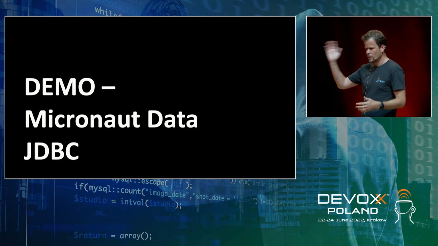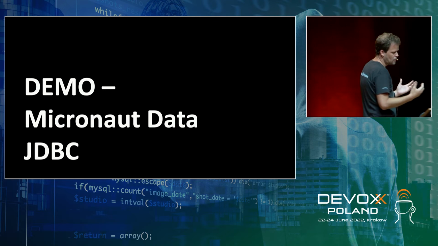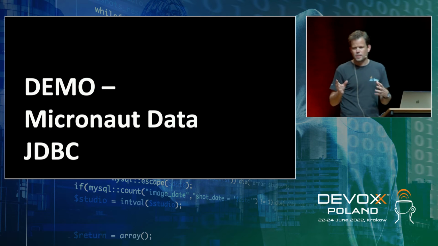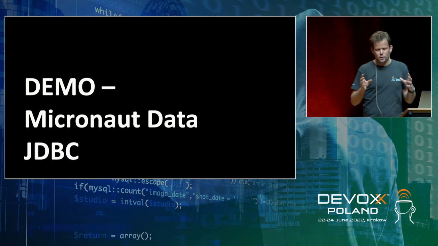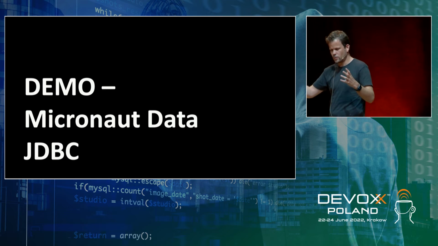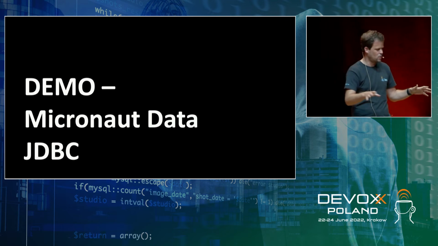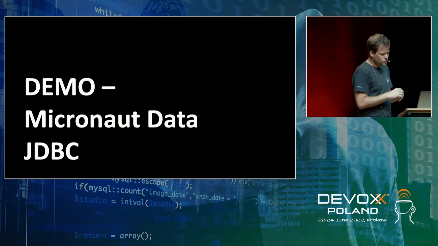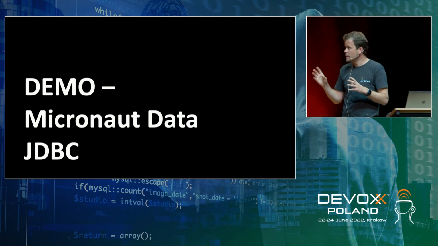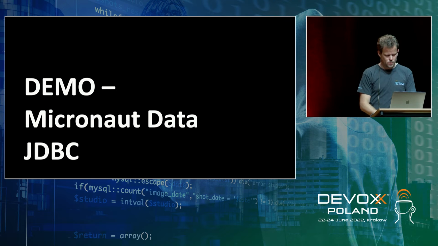You don't want proxies, you don't want a stateful session, then Micronaut Data JDBC is perfect because you just say, I have this SQL, and you can write your own custom SQL, you can do whatever you want, and I want to map it to this type. End of story, right? And one of the cool things about it is it supports records.